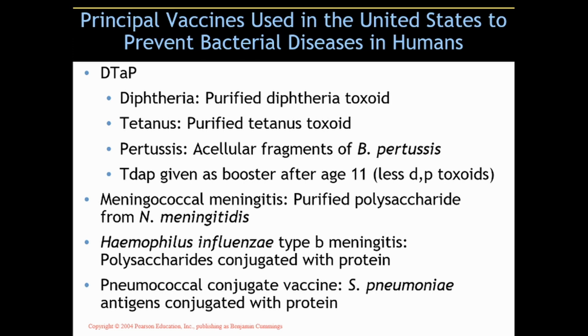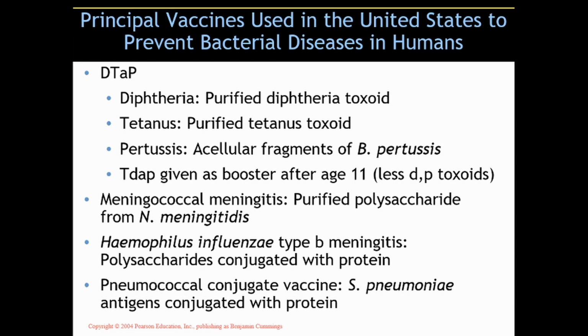Years ago, probably within 10 years, it was just given as the Td booster, the tetanus and diphtheria booster. But with the increase of pertussis cases within the past 10 to 15 years in the United States, it was decided that acellular pertussis needed to be added as well in order to reduce the number of pertussis cases. So now, instead of just the Td booster, it's the Tdap booster.